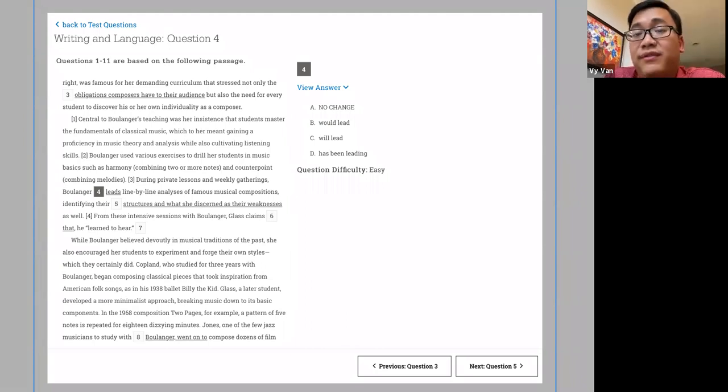Boulanger used various exercises. So obviously this paragraph is in past tense, so you want to go with past tense. The only choice that is in past tense is B. A is present tense, C is future tense, and D is past present tense. So you want to stick to past tense only. So the answer is B.